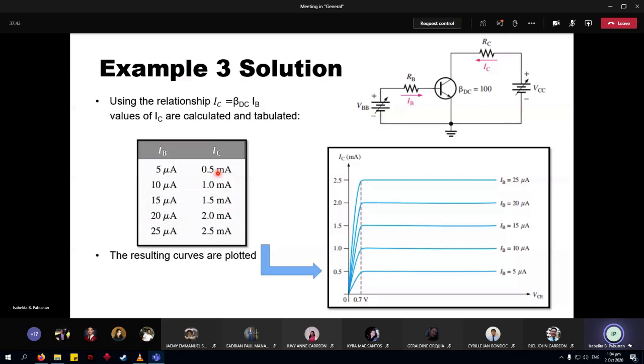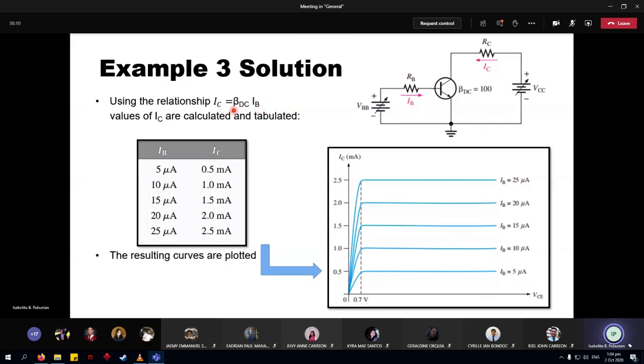Now, the resulting curves are plotted, for example, you have your 5 microampere here, and your IC is 0.5 milliampere. When does that happen? What is the result of IC equal to beta IB?